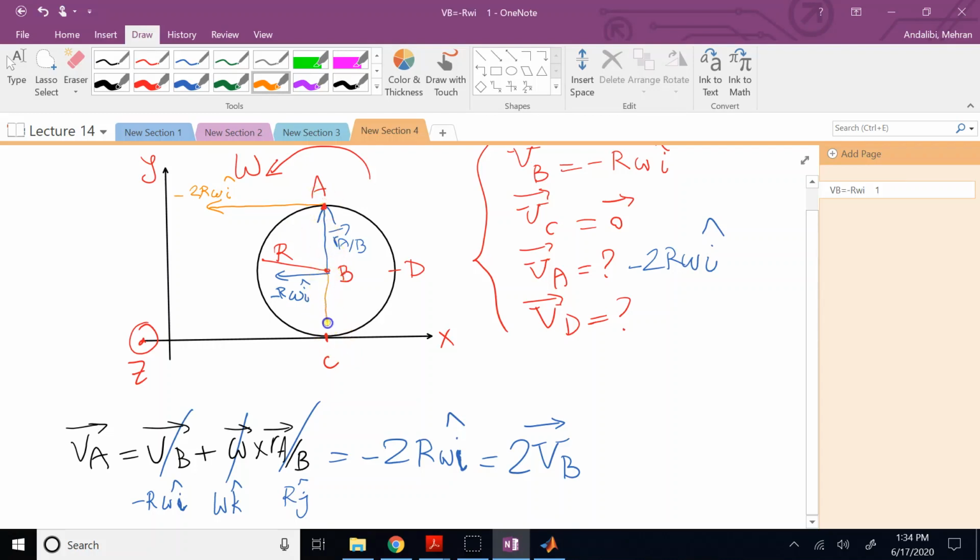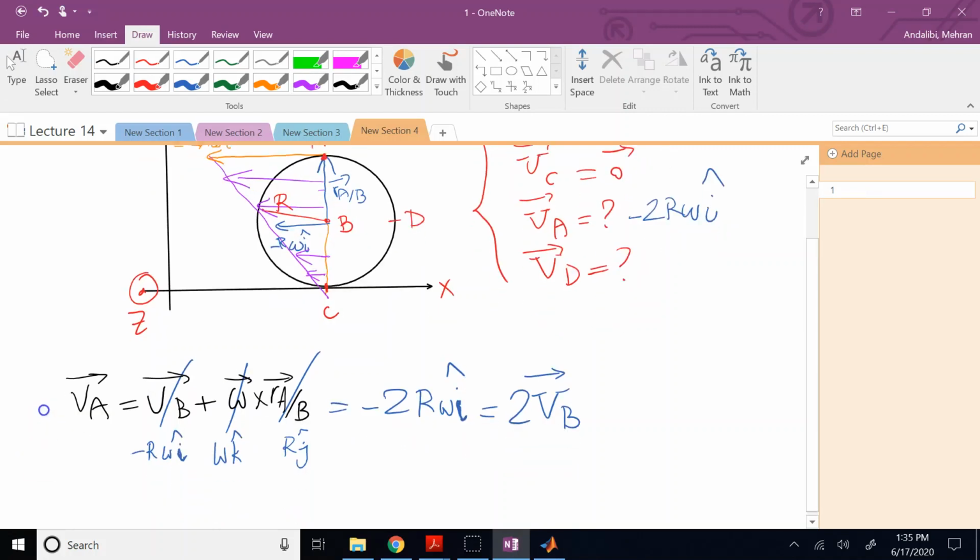So if I connect a to c, and then connect the end of velocity of c, which is 0, to r omega i to 2 r omega i, I would get a linear profile. I can show that, for example, if I consider a point halfway between c and b, the velocity of that is 1/2 of r omega i. If I consider a point between a and b, then the velocity of that is 3/2 r omega i. So the linear profile does exist here between a and c.